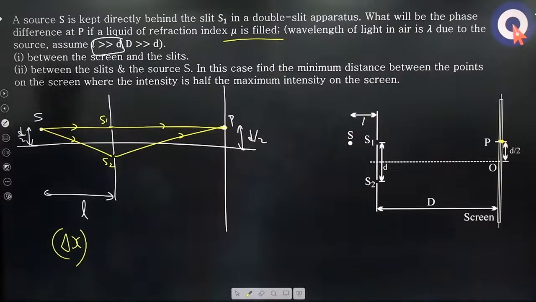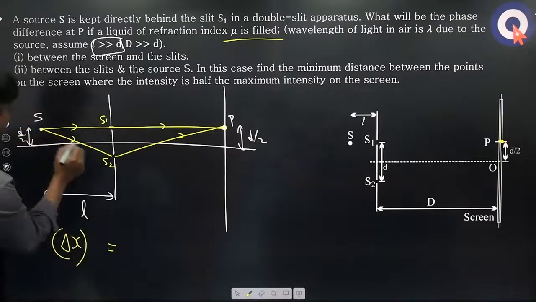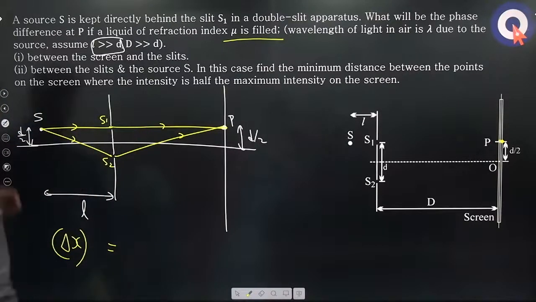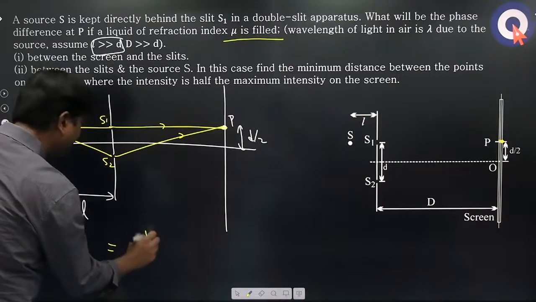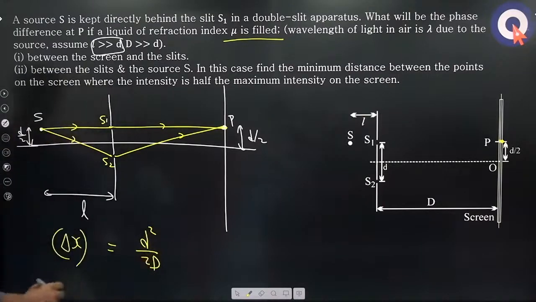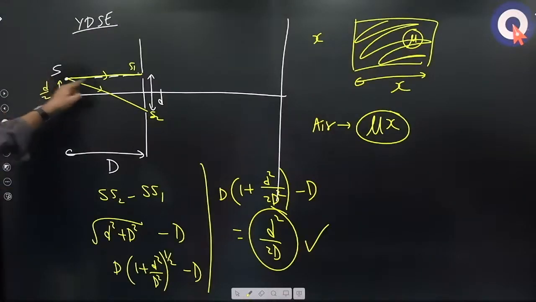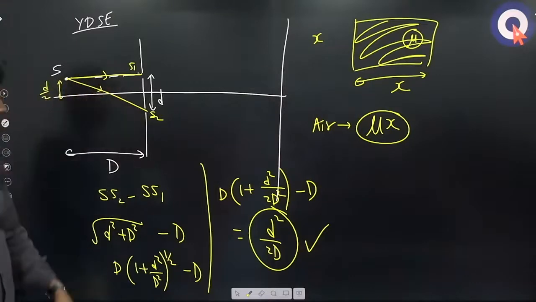Already I told you, whenever you keep exactly in front of this, you can take d square by 2 capital D. Check this, d by 2, exactly, what is the path difference? D square by 2 capital D, correct or not?